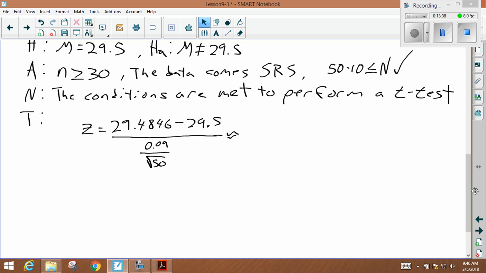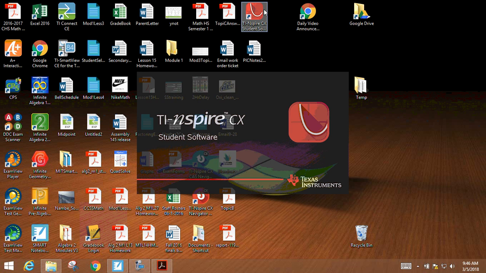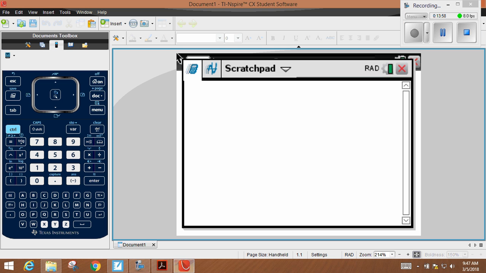I'm going to get out my handy dandy calculator. Because I don't need to put a bunch of lists and stuff in, I can do this just using my scratch pad.